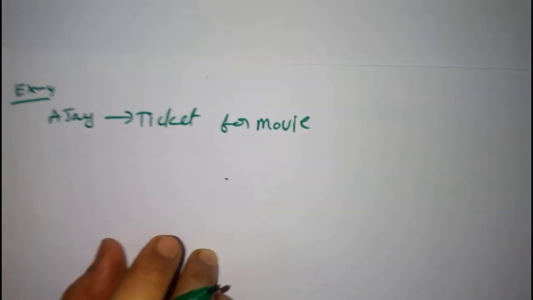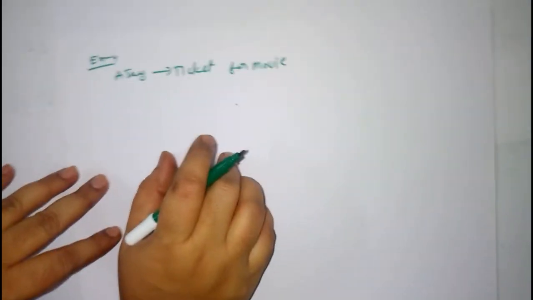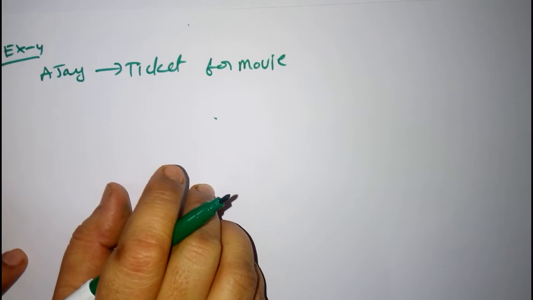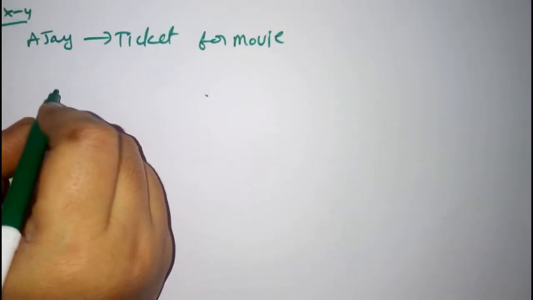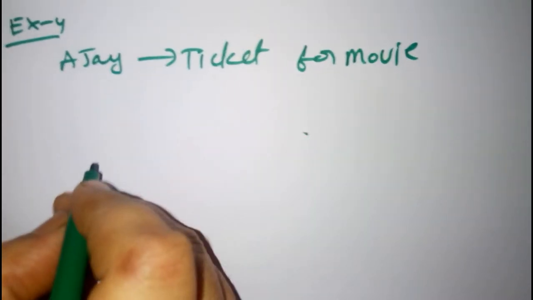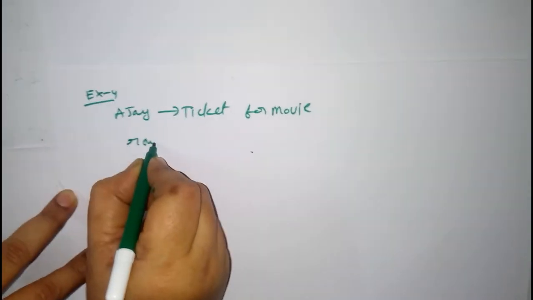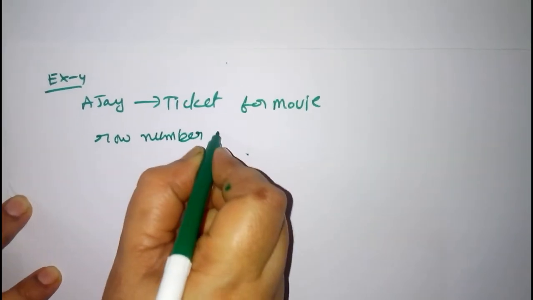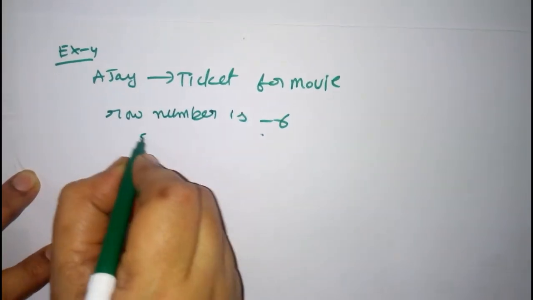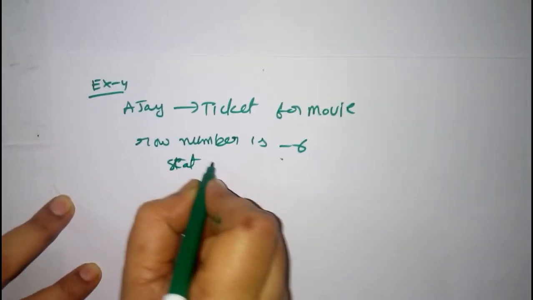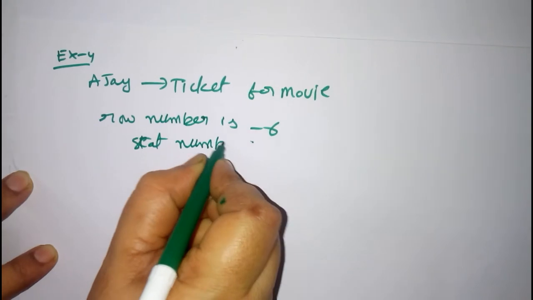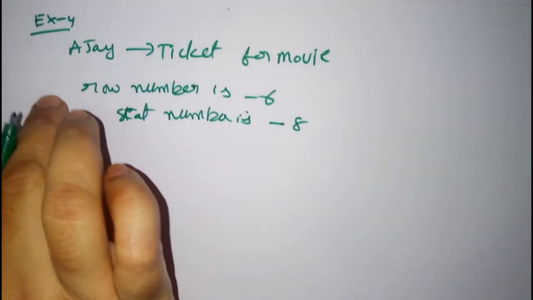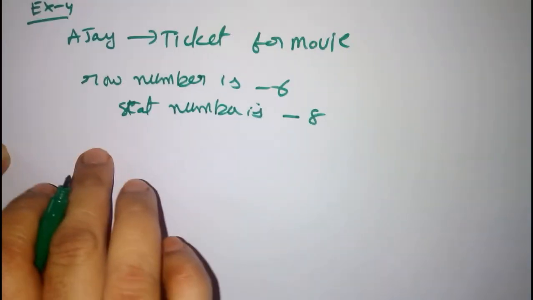On the ticket, the position of the seat is written by using 2 items of information. The row number is 6, and the seat number is 8.